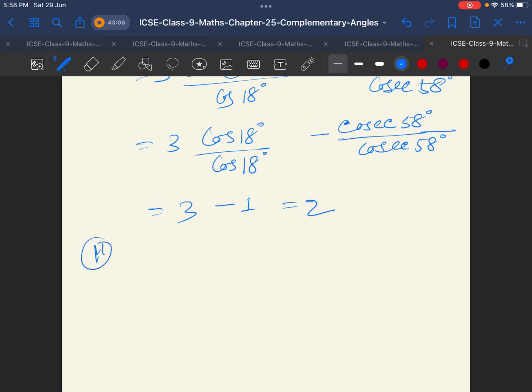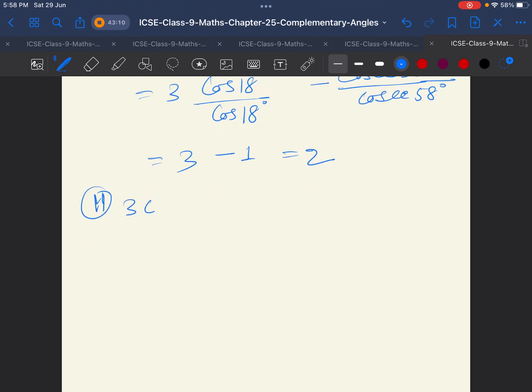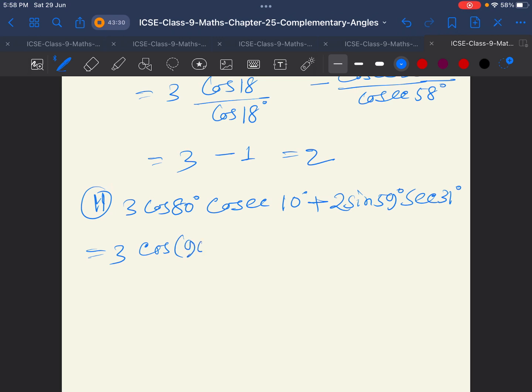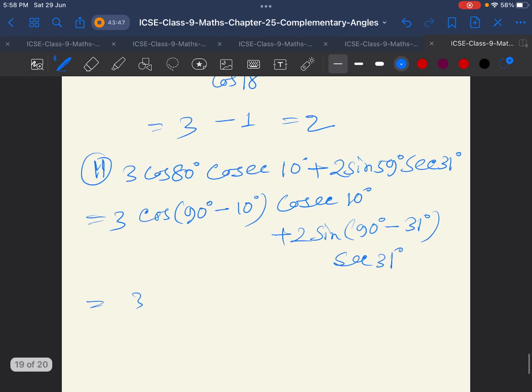Okay, now question number 2: 3 cos of 80 cosec of 10 degree plus 2 sin 59 degree sec 31 degree. We can write cos (90 minus 10) degree cosec of 10 degree plus 2 sin (90 minus 31) degree sec of 31 degree.